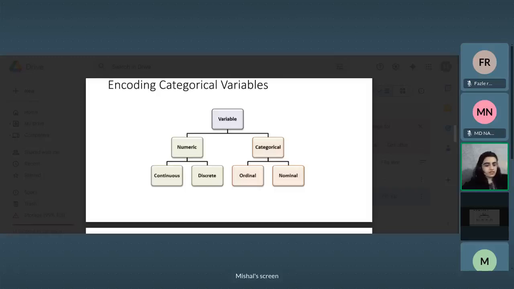So there is a hierarchy, so it is ordinal in nature. But when it comes to nominal, there is no such order. When it comes to eye color, there is no such order that one is better than other, or certain type of hierarchy, like green, black, brown, whatsoever it is. So that's the difference between them.